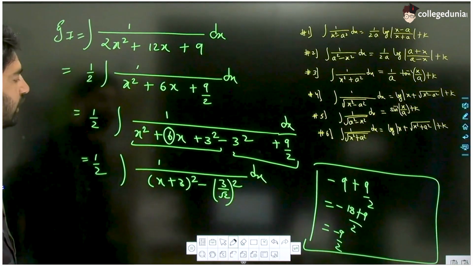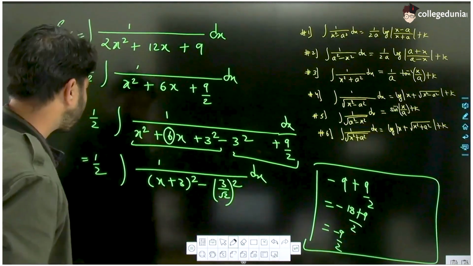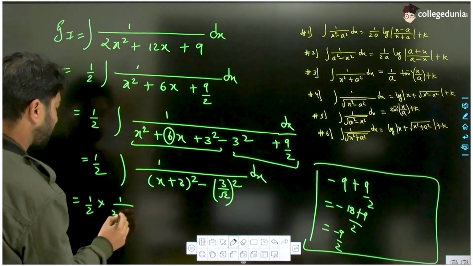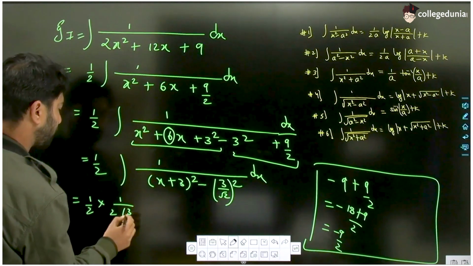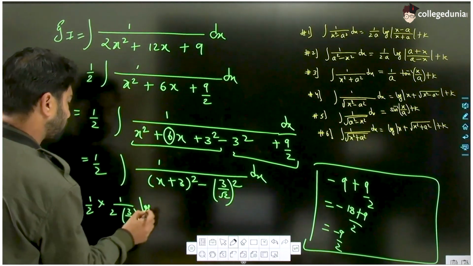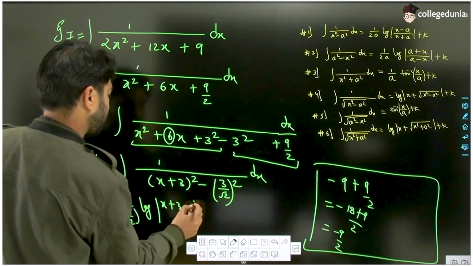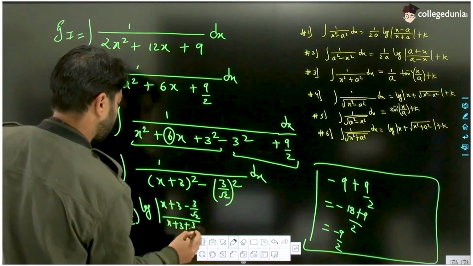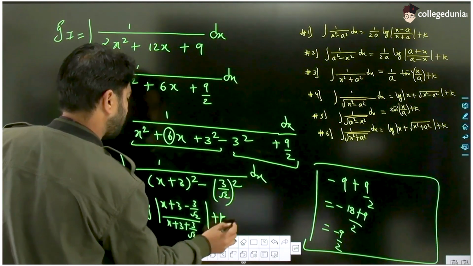Okay, so again we can use the first formula. The formula is 1 by 2a log x minus a upon x plus a plus k.